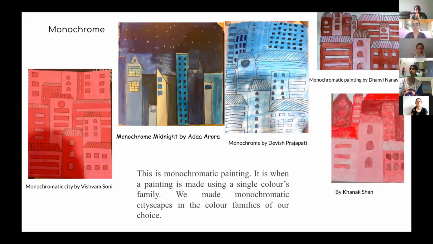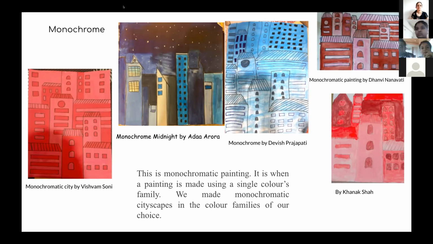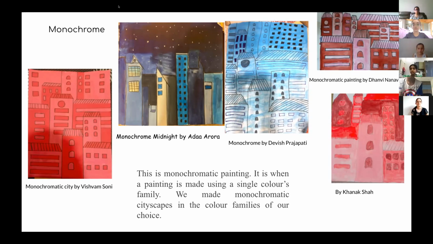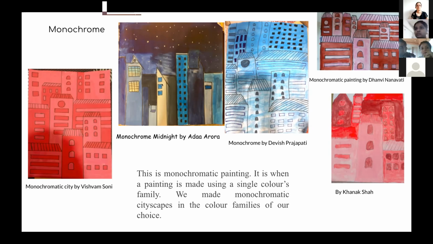Okay, that's nice. And it's a cityscape we all made. Okay, Ada, can you explain yours? I have made a monochromatic midnight cityscape using the shades of blue. So not just light blue or dark blue, but all the shades of blue. Okay, very nice. I think Dhanvi has also just joined. Dhanvi, can you explain yours?